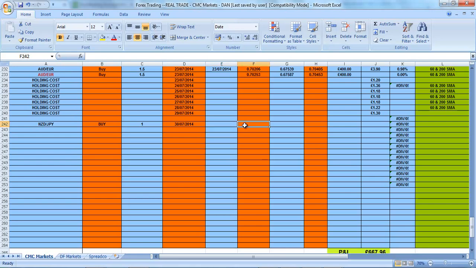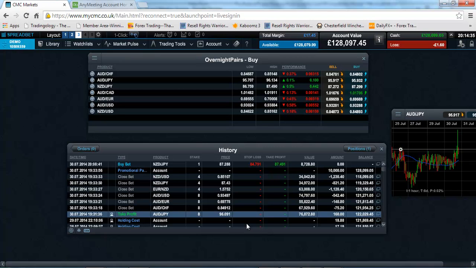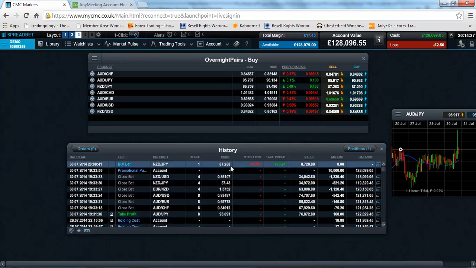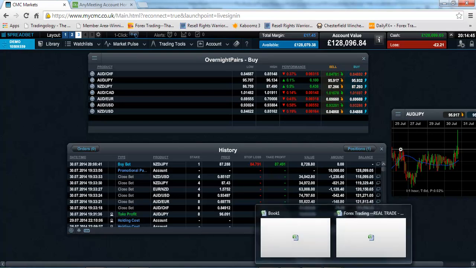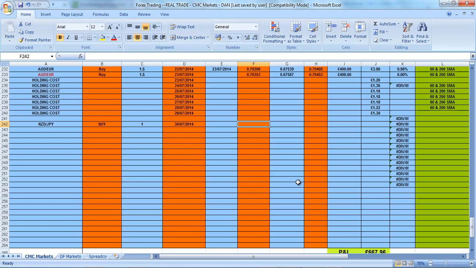And then the next one that we do is the price. With the price, again, when you look at your history, you can see that the price that it is giving us is 87.28. So you put in 87.28. You can bring the last digit or you can leave it out, it doesn't really matter.